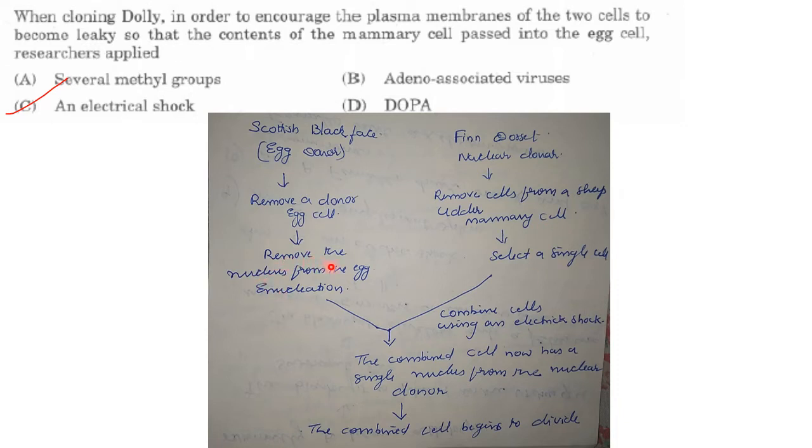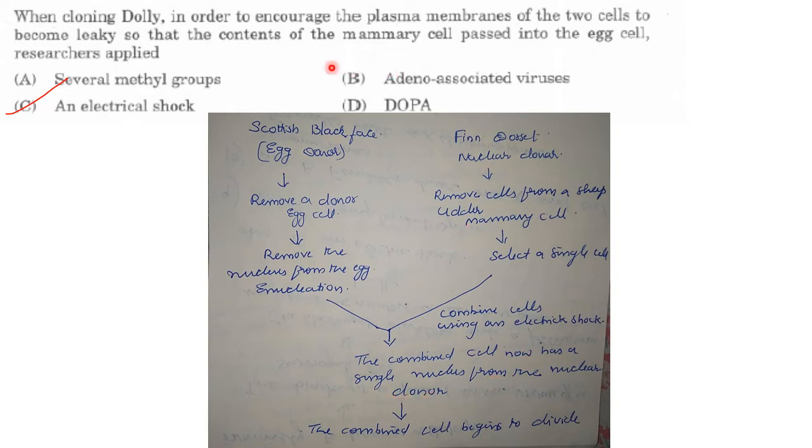Now what they did, they combined the enucleated egg and the other mammary cell. They were combined using an electric shock. The combined cell now has a single nucleus from the nuclear donor.